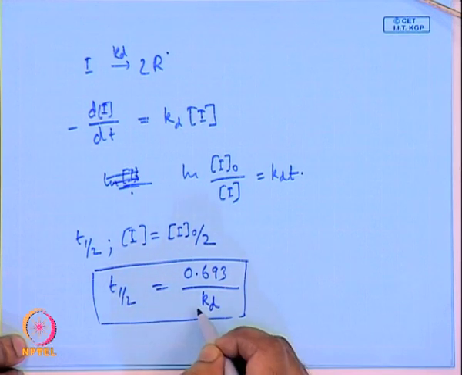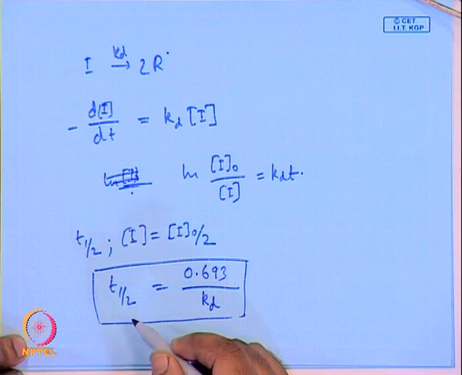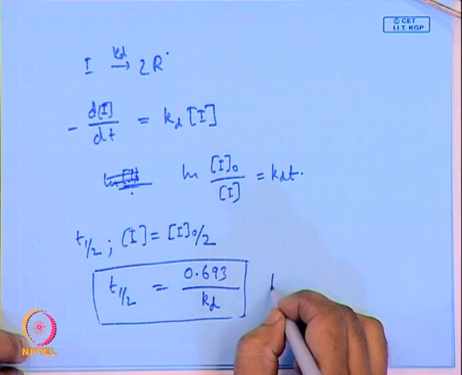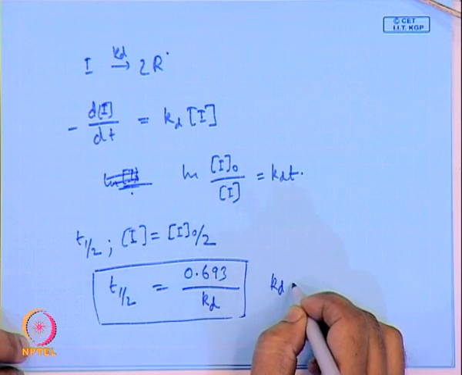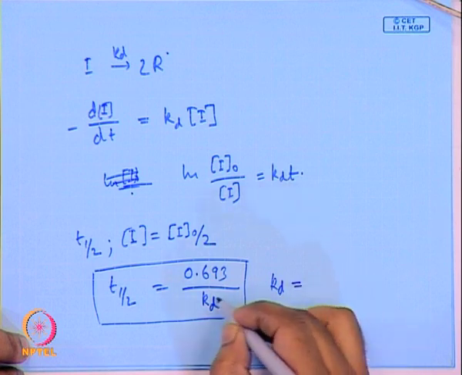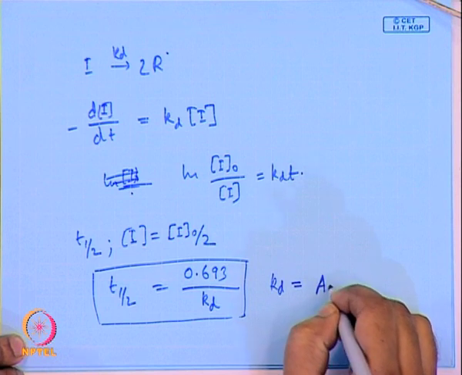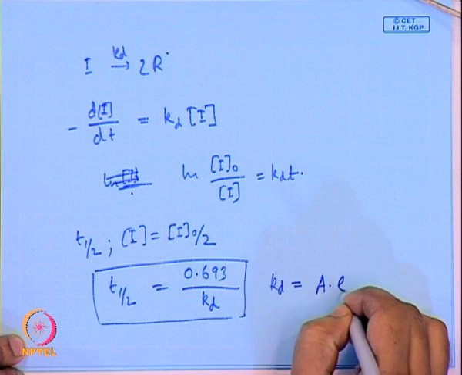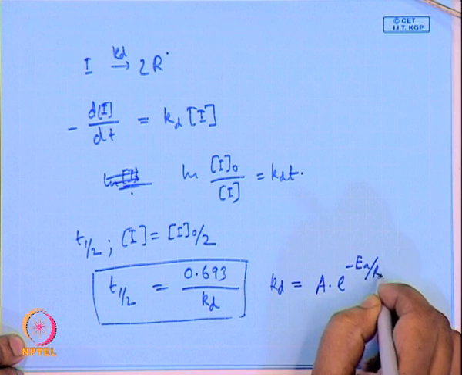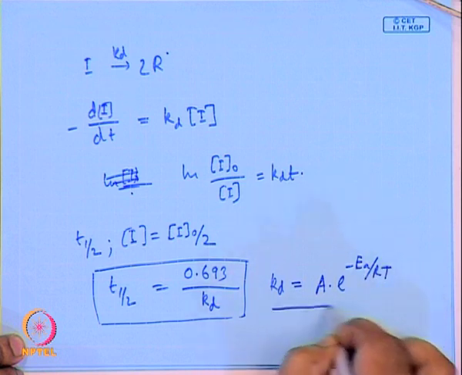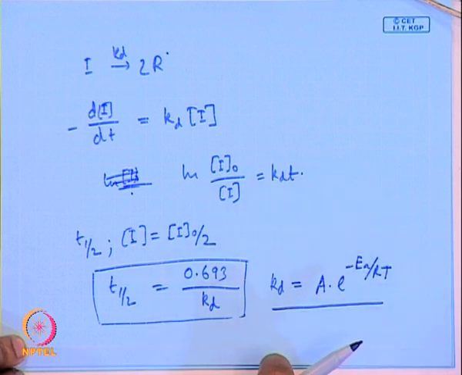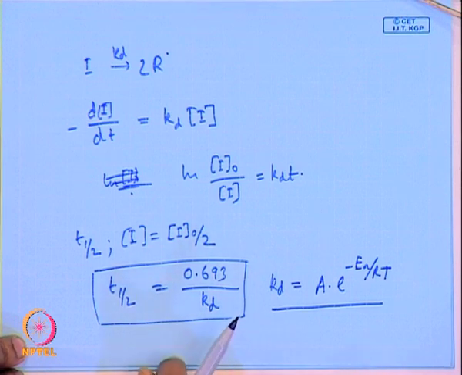So, from the dissociation constant you can get the t half value, and this rate constant for the dissociation reaction also depends upon the temperature where you are doing your reaction.